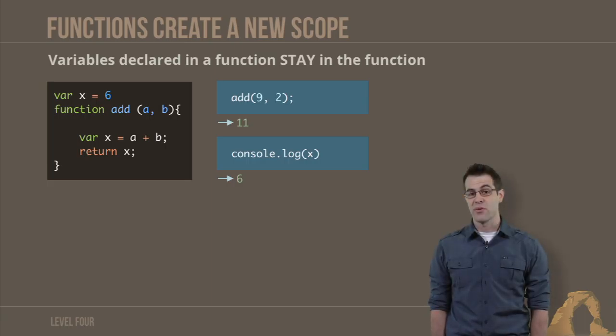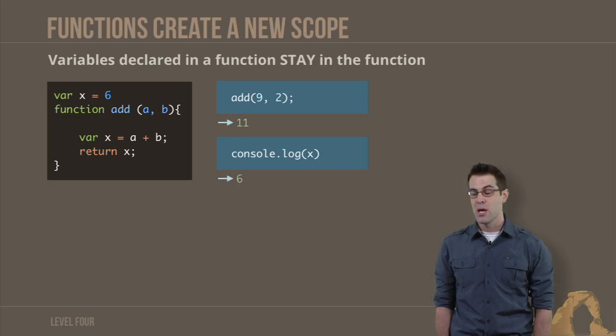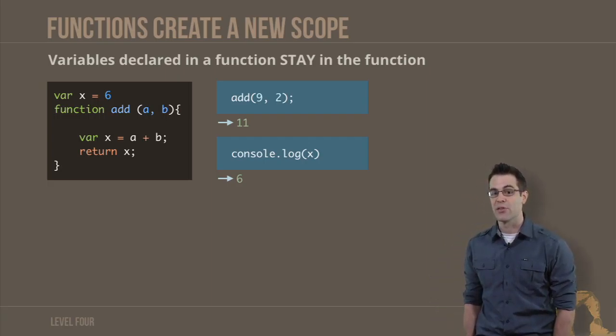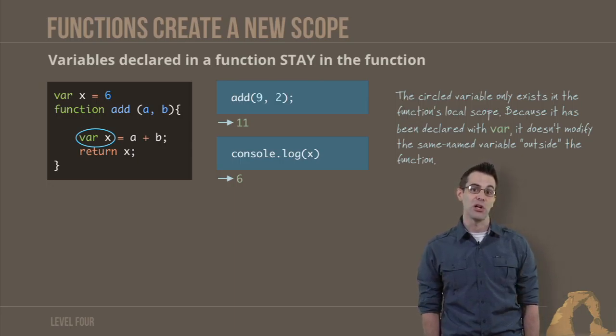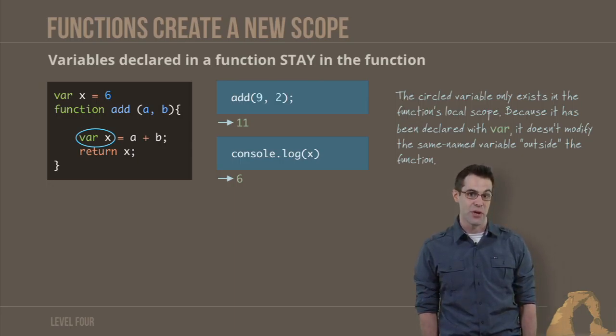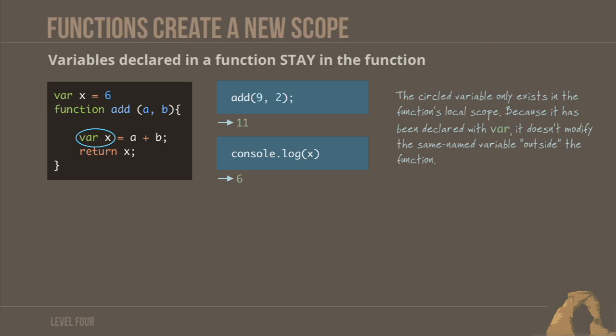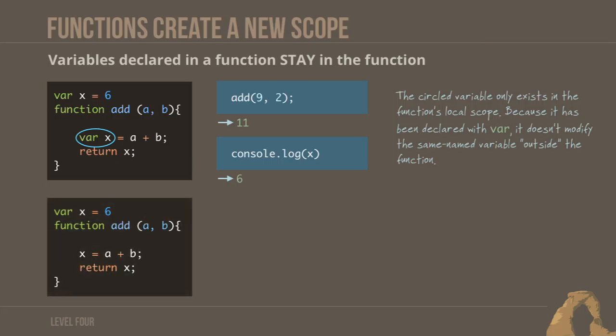In JavaScript, however, we need to be careful, because if we don't declare the variable x, JavaScript thinks that you mean the global variable on the outside of the function. So you can see in this second snippet of code that we've still got our variable x declared outside the function, but inside we no longer have declared a new variable x and instead just used the name x.